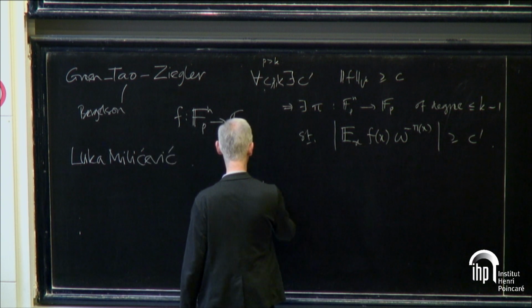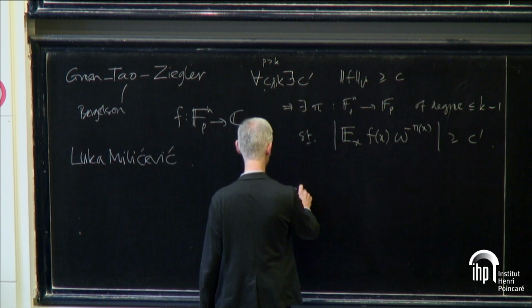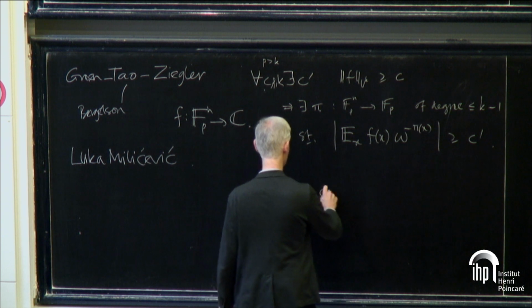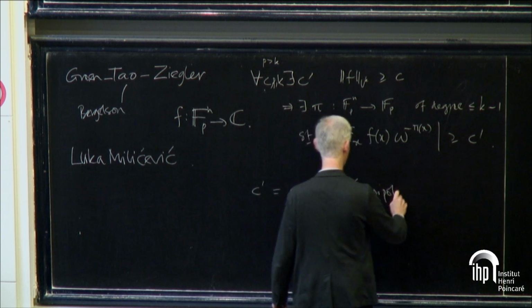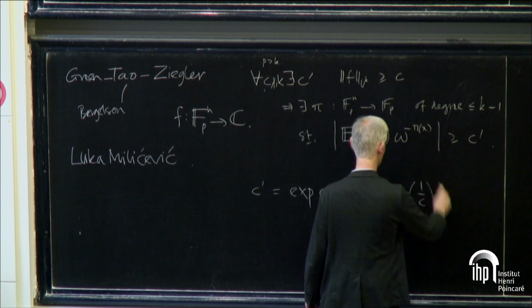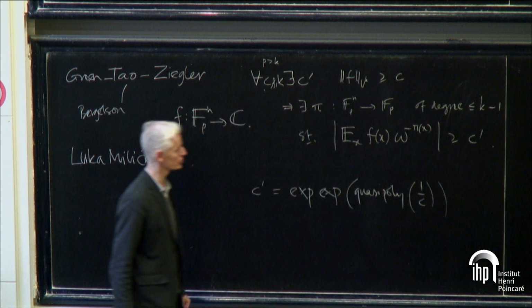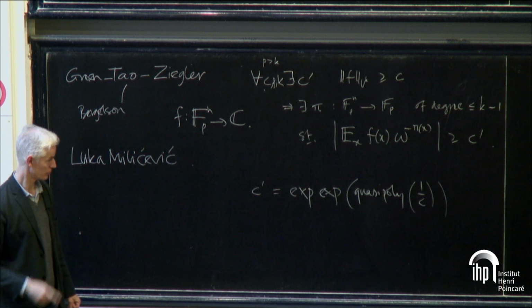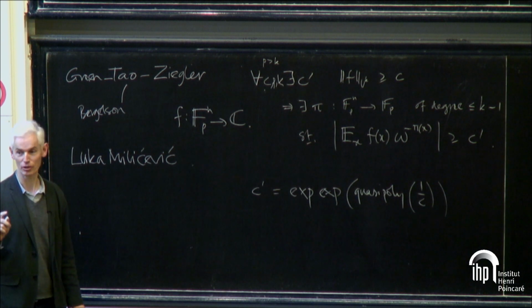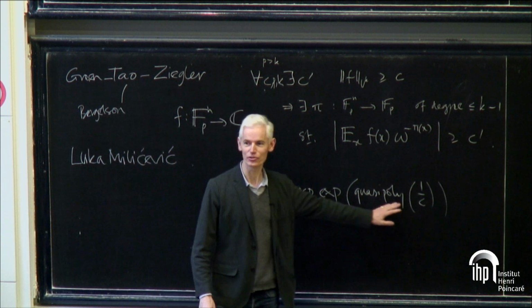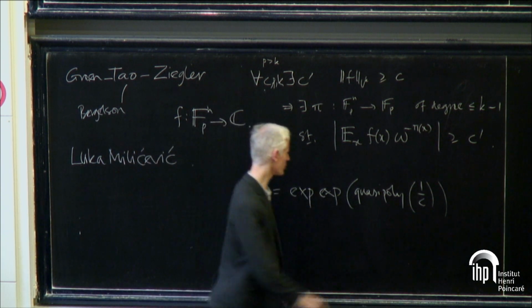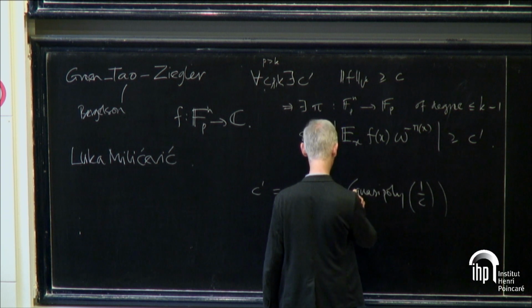It's of the form c' is e^(-e^(quasi-poly(1/c))). Quasi-polynomial just means e to a polynomial in log 1/c. So it's roughly doubly exponential in 1/c. I should have a minus there, otherwise it's a bit too good.